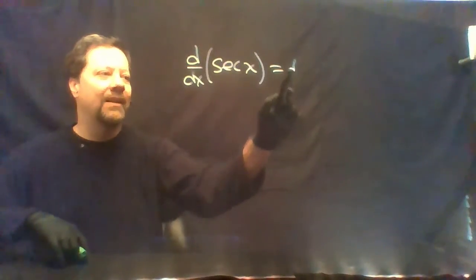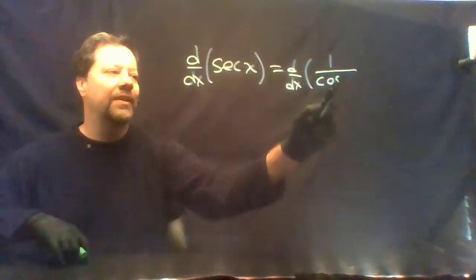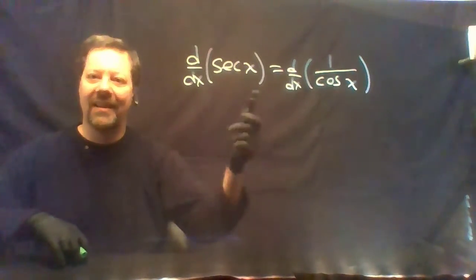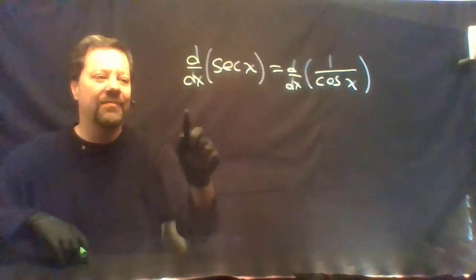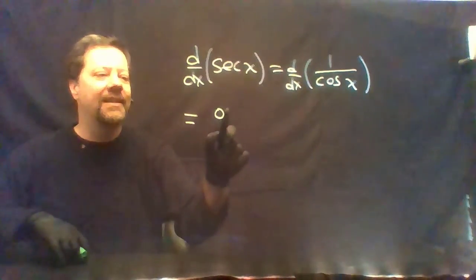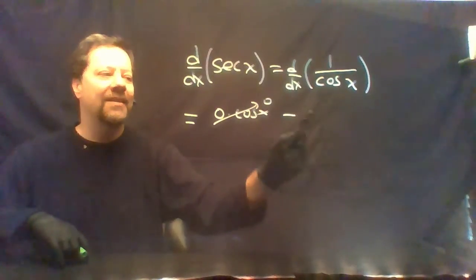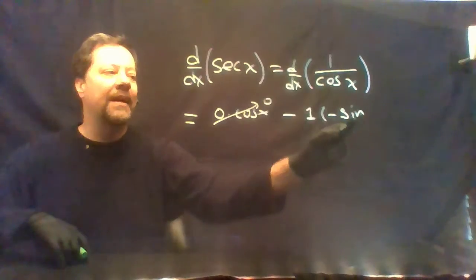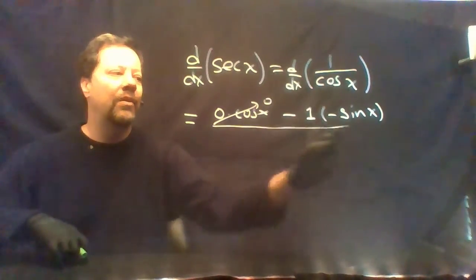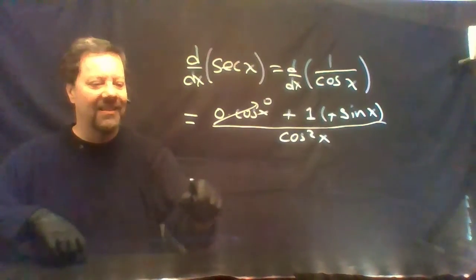Derivative of secant, well, by a ratio identity, that's 1 over cosine x. And again, that's a quotient. We will apply the quotient rule. Derivative of the top times the bottom minus the top times the derivative of the bottom over the bottom squared.